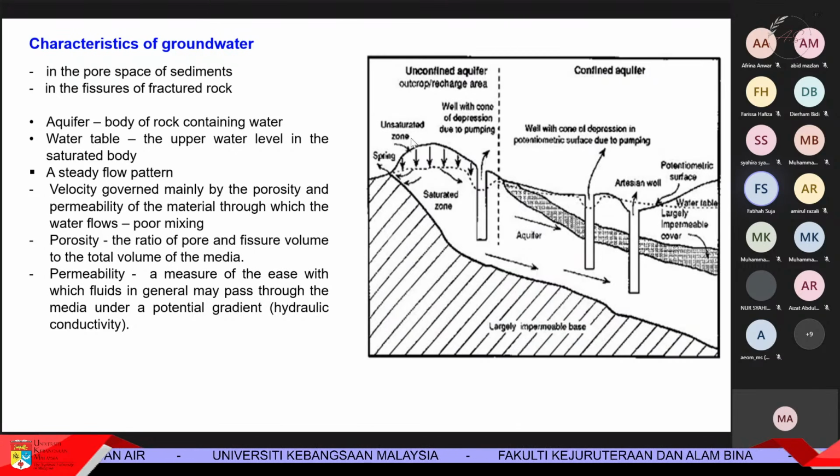And when we talk about the quality of groundwater, just now I said that it depends on the composition of the recharged water, the interaction between the water and the soil, the soil and rocks with which it comes into contact in the unsaturated zone, and residence time, and reactions that take place within the aquifer.